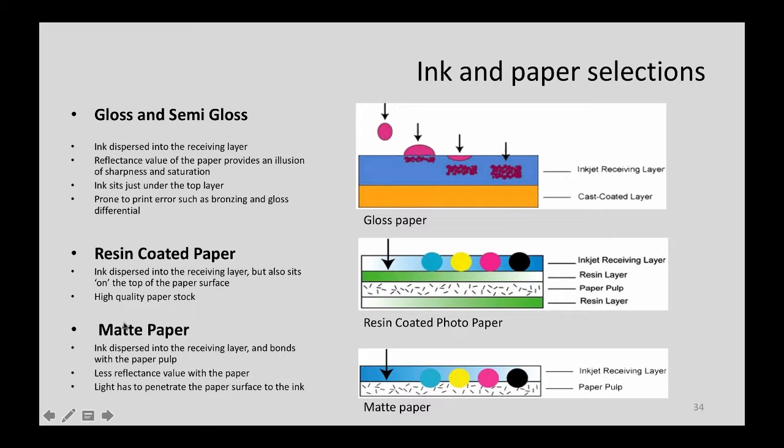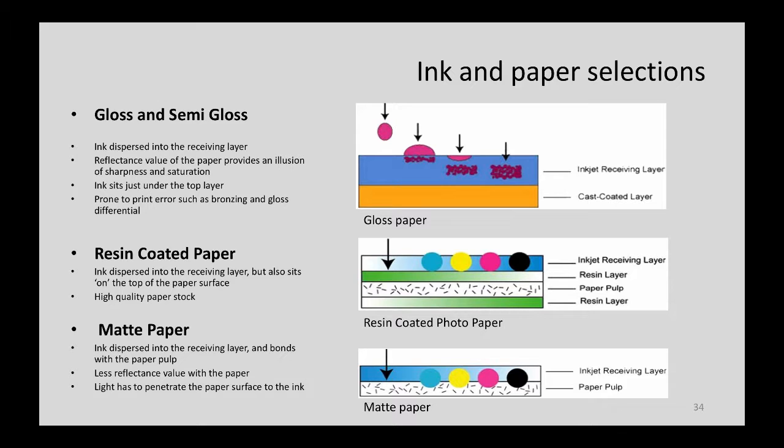The resin coated papers replicate traditional photographic papers, so darkroom papers. My favourite paper, matte paper. The ink is dispersed into the receiving layer and bonds with the paper pulp underneath. Here we are. So paper pulp, receiving layer, inkjet receiving layer, and there's our ink there. It sits right in underneath the surface. The light has to penetrate the paper surface to the ink.